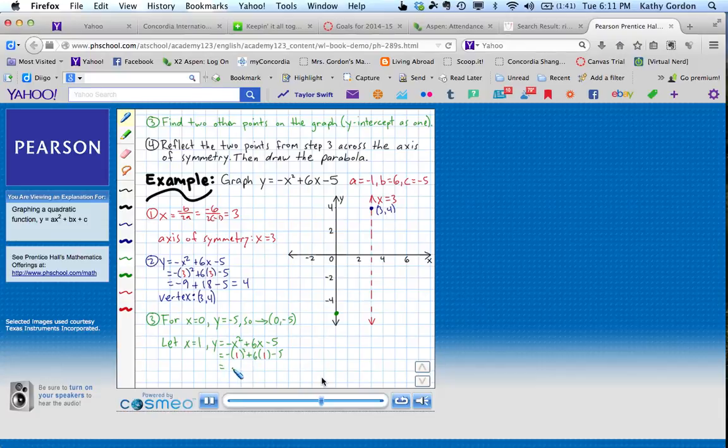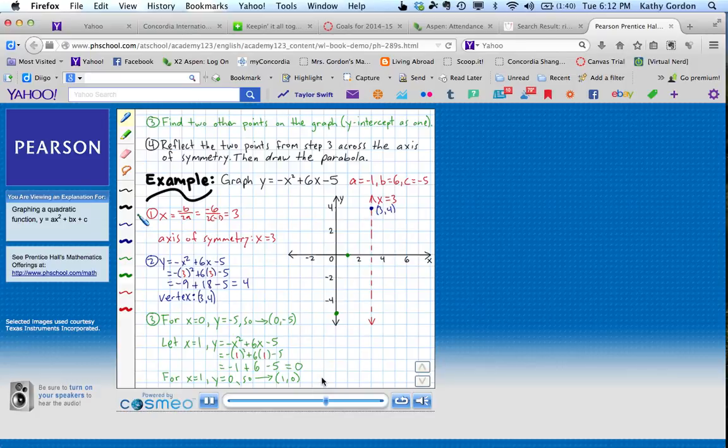Now 1 squared is 1, so we get negative 1. 6 times 1 is 6. And negative 1 plus 6 minus 5 is 0. So for x equals 1, y equals 0. And that gives us a second point. 1, 0 is right here on the x-axis. So now we have an idea, if we connect these points, what half of our parabola looks like.